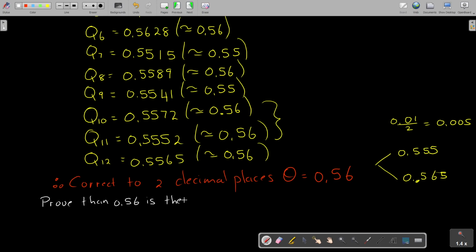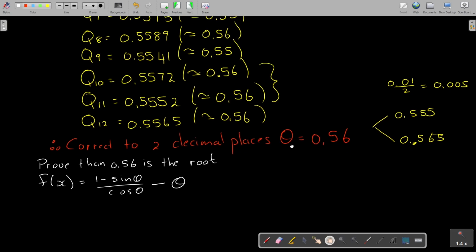The root. So I'm going to go and first get my fx. And what did I say was the fx? Can you remember now? I said we're going to say 1 minus sin theta over cos theta, and we subtract that theta. It's not a capital letter. Okay, and now I'm going to substitute.